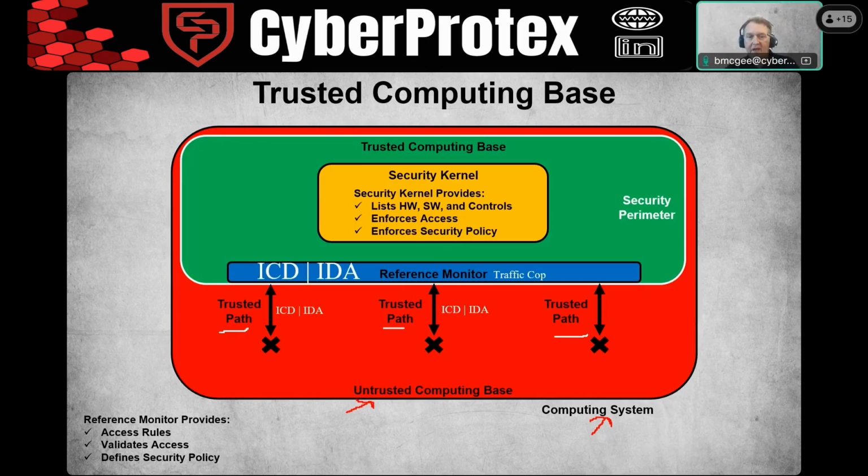Each one of these would have its own ICD or IDA, which is an interface control document or an interface definition agreement that tells the traffic cop, yo, this is how we're getting ready to use your system. This is why we think we need access to your system. Or maybe it's the other way.